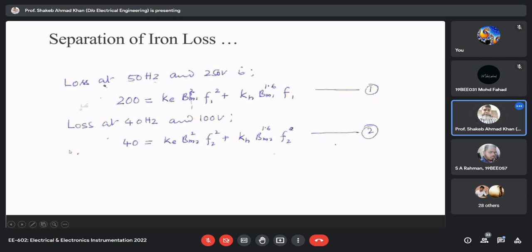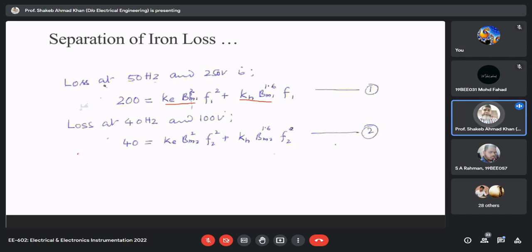So if we are able to find out these two together and these two together, not separately but together, then we can define this and Bm1, and we can make a relation between Bm1 and Bm2.